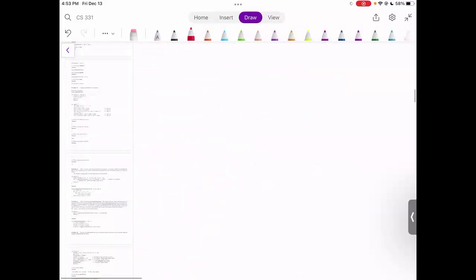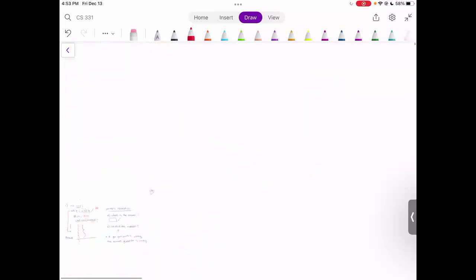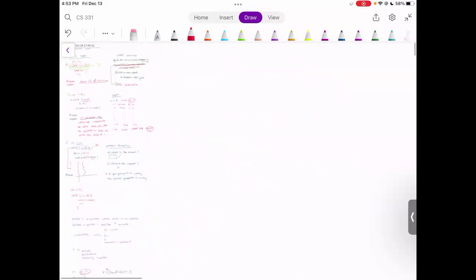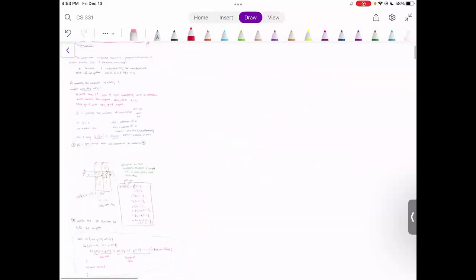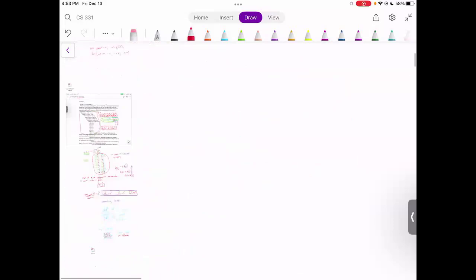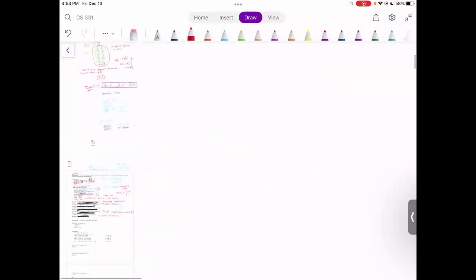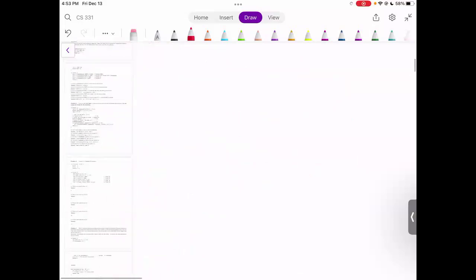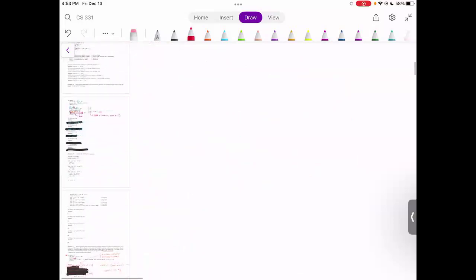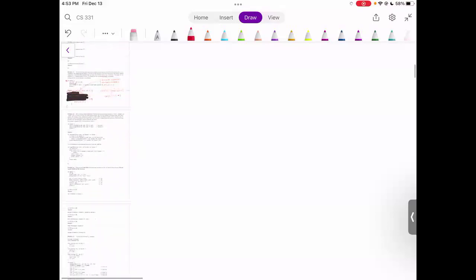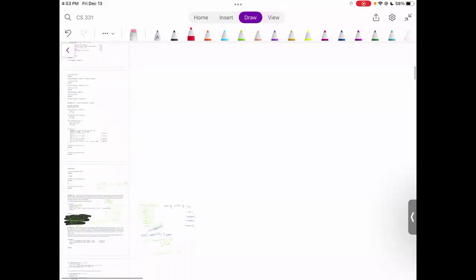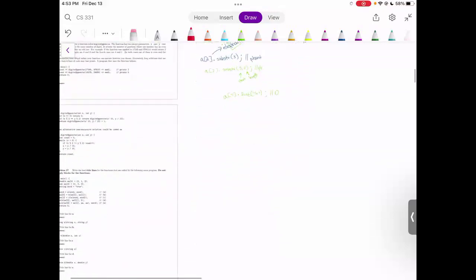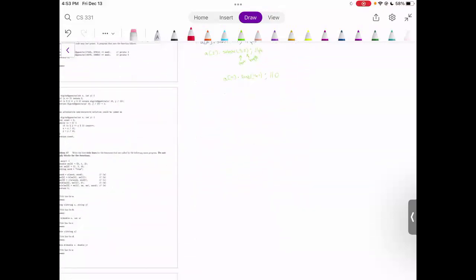Give me 1 sec. I know I did it up here somewhere. Yeah, I had the command lines here before. No, this isn't it. Yeah, we did command lines though.